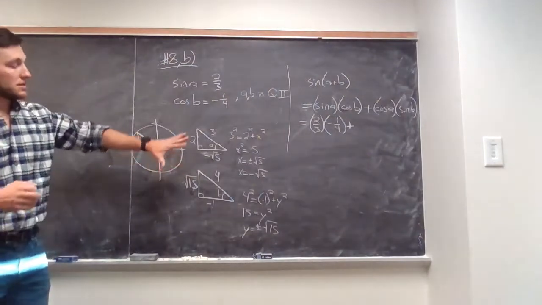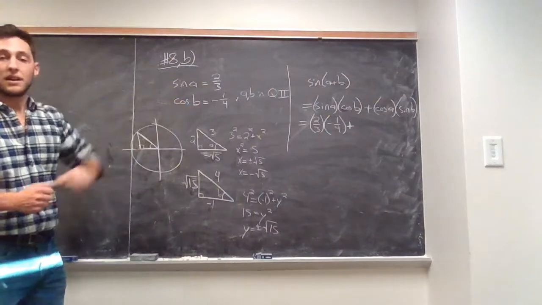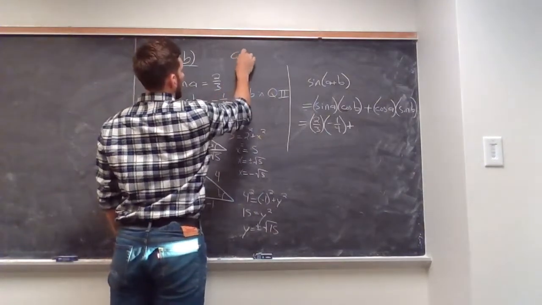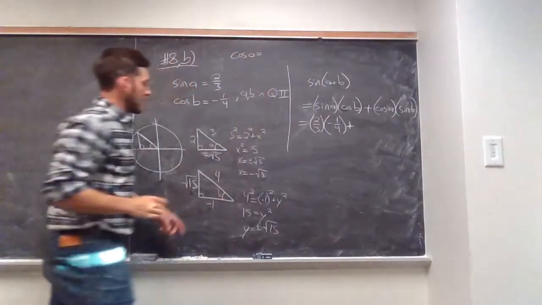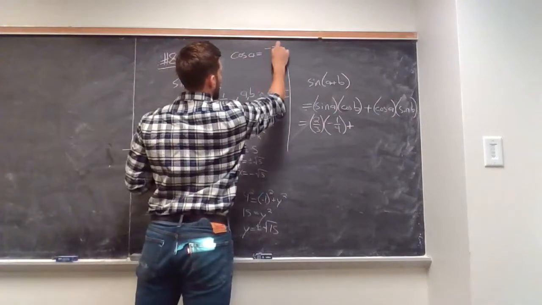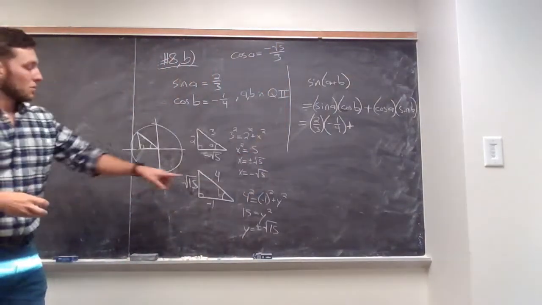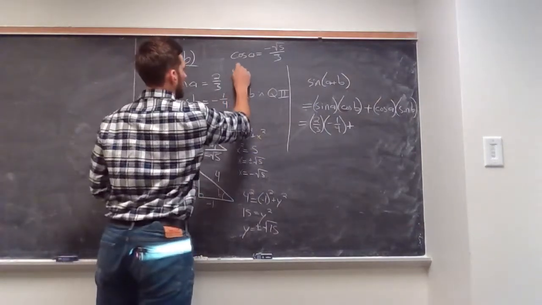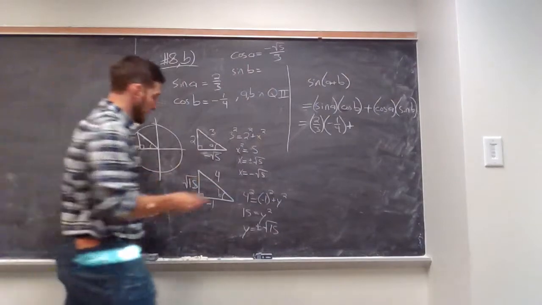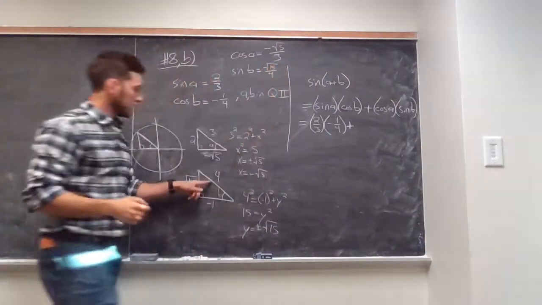Now, the reason we do this is so that we can get cosine of A and sine of B. I'll write that up here. Cosine of A is the adjacent side over the hypotenuse, so negative square root of 5 over 3, while sine of B is the opposite side over the hypotenuse, which will be square root of 15, all divided by 4.